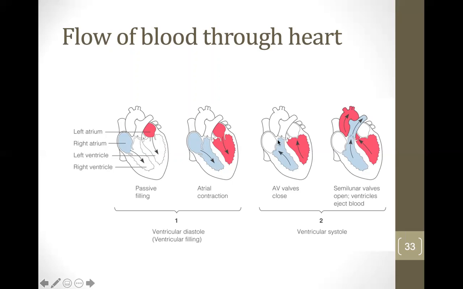So we close these atrioventricular valves, we open up these semilunar valves, so blood can't go back into the atria, but instead goes out to the pulmonary circulation and to the aorta. So that gives you an idea of the flow of blood through the heart, how the heart acts as a pump, and the blood vessels, at least the main blood vessels that we're dealing with as of right now.